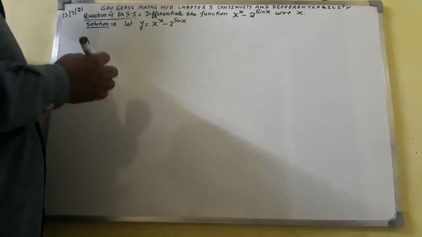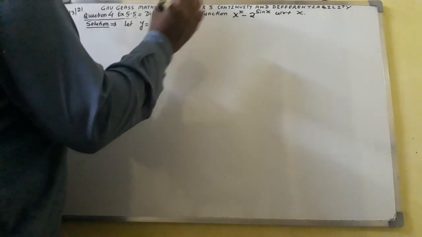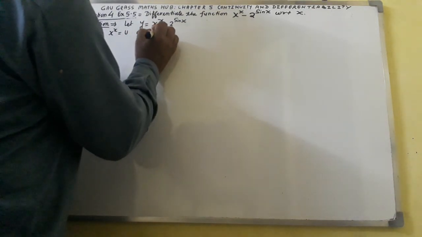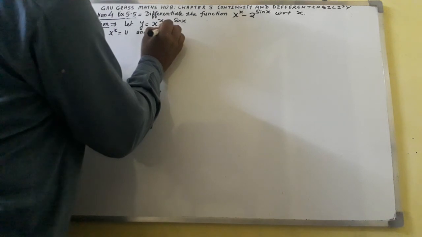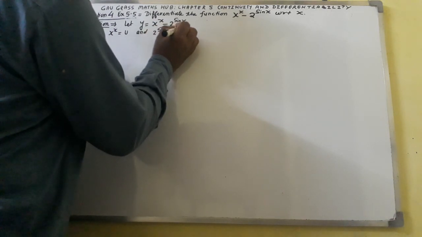So here again I shall write, let x raised to power x equal to u and 2 raised to power sin x equal to v.